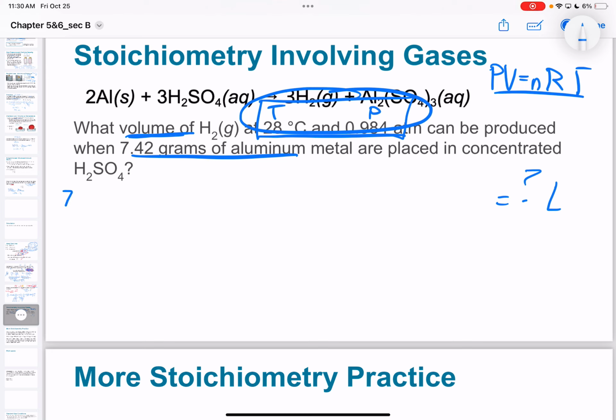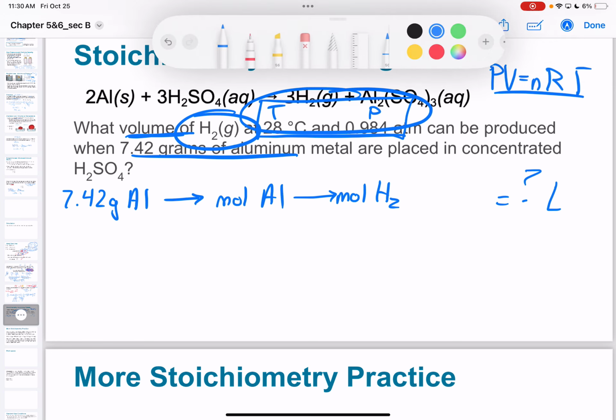So let's plan out our calculation. Grams of aluminum, what do we always convert to? Moles. Can't do anything until we're in moles. We've got a balanced equation. We must be going from moles of one thing to moles of another. But we can't do that until we get into moles. So we go to moles of aluminum. Now we can go to moles of hydrogen, because that's what it's asking for, moles of hydrogen gas.